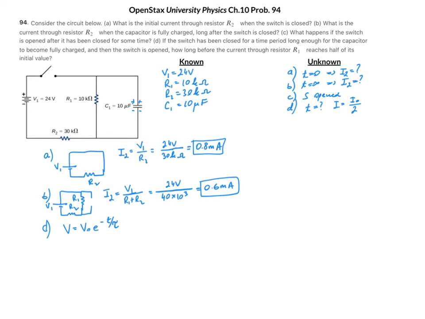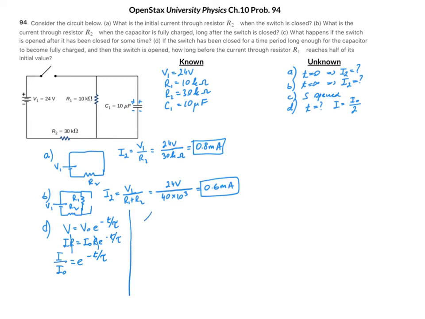Now if I use Ohm's law, I know that IR is I naught R e to the negative t over tau. So I divide through by R, and now I'm going to divide both sides by I naught. So I have I over I naught is e to the negative t over tau. So let me make more space here.